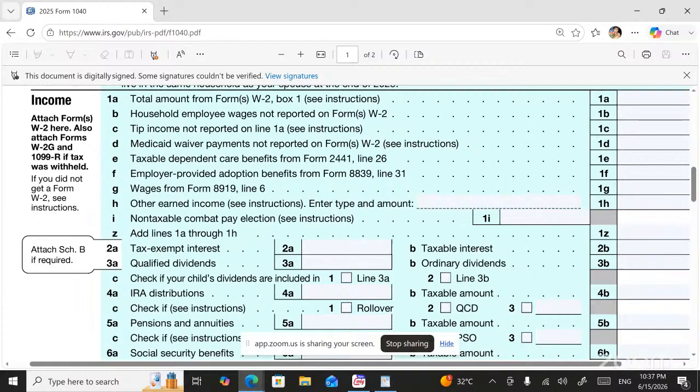We have separate analysis and explanation about W2G, might be in chapter number either 6 or 7 somewhere, in the income details. There we are going to cover it.